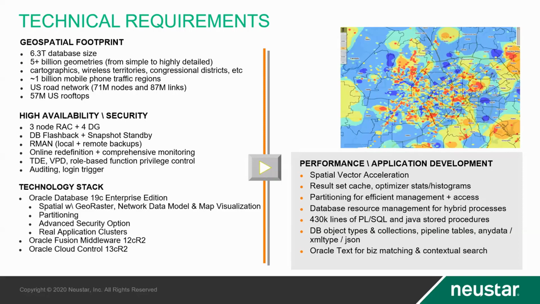Some of these have hundreds of thousands of vertices and are very detailed. We also do analytics with mobile phone traffic regions, where we track mobile foot traffic or movement, and there's lots of data there that we have to process.